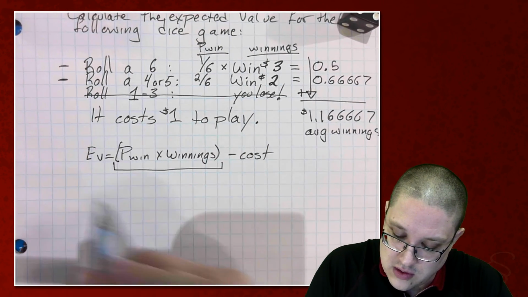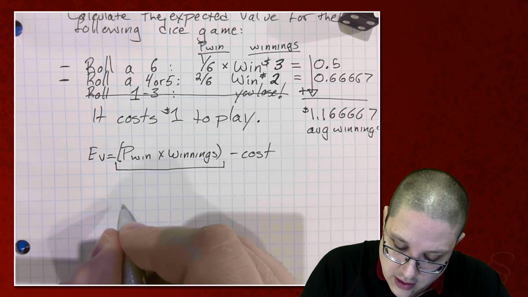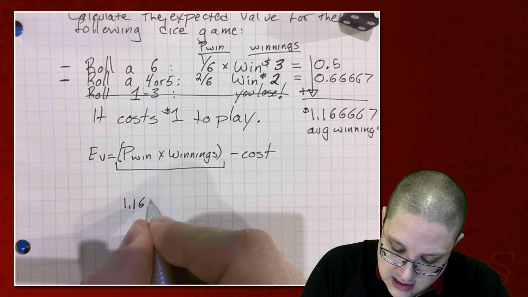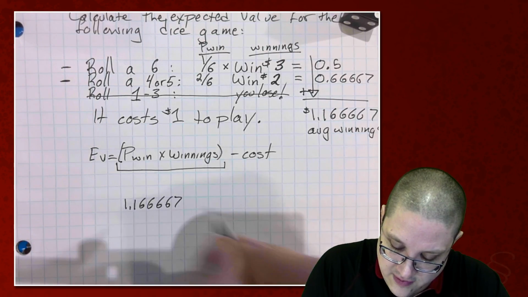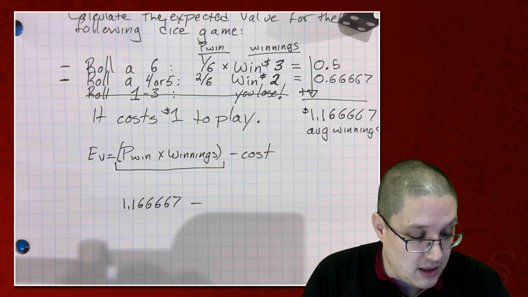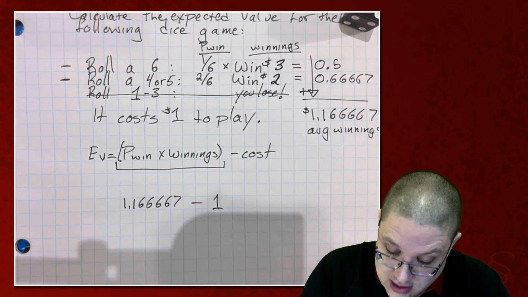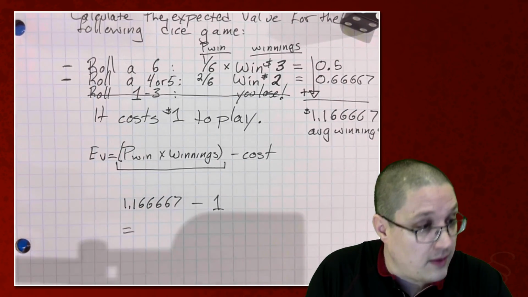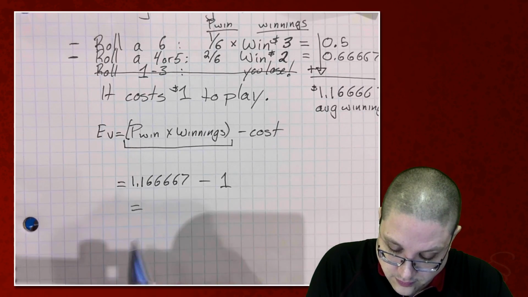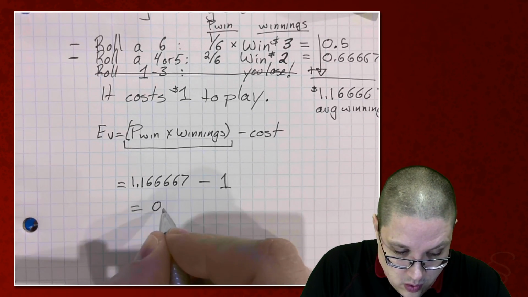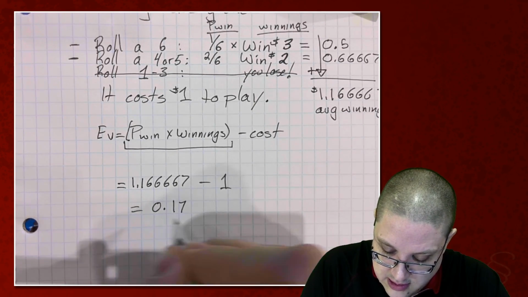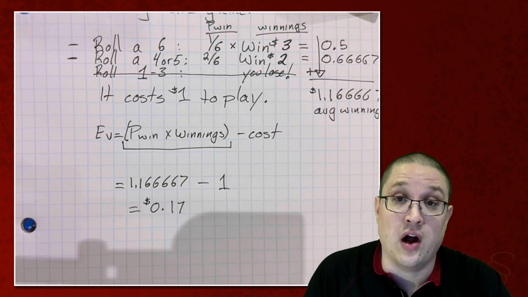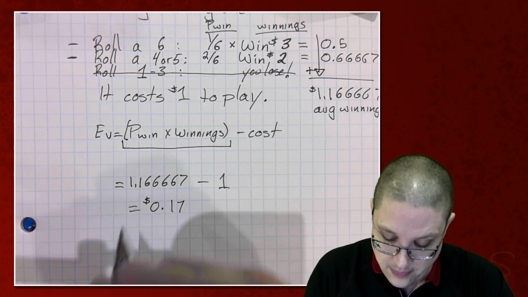And I can use that in my formula now. So I can go 1.16667 minus my cost. My cost is only $1. And that works out to $0.17, rounding it off only at the end here.